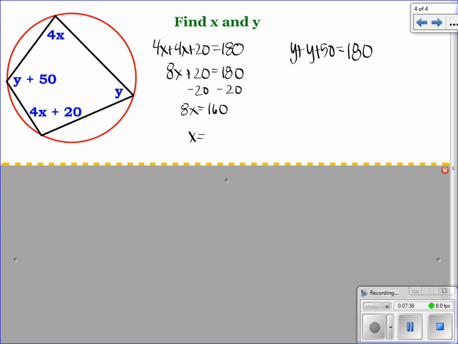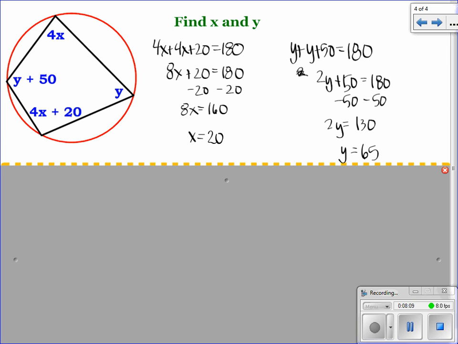Good. What's y? Good. Questions on that? Just make sure you do the opposite ones. Most common mistake on those is kids will do the angles that are next to each other.